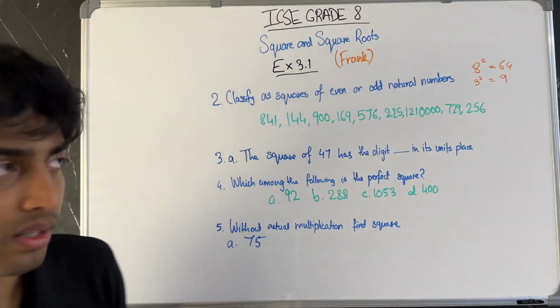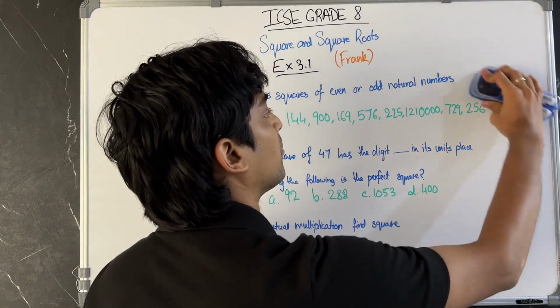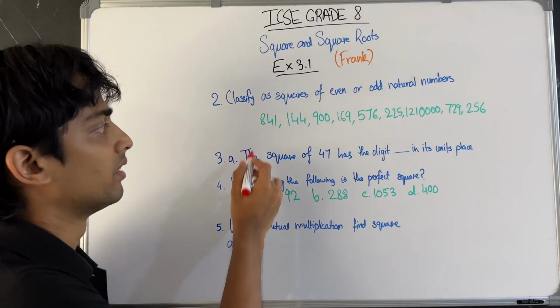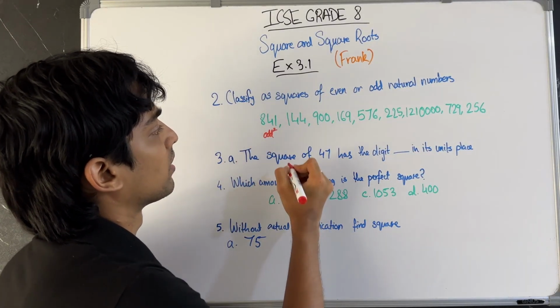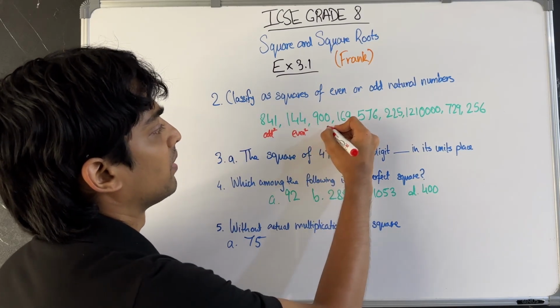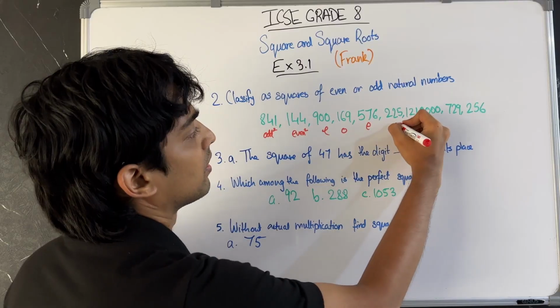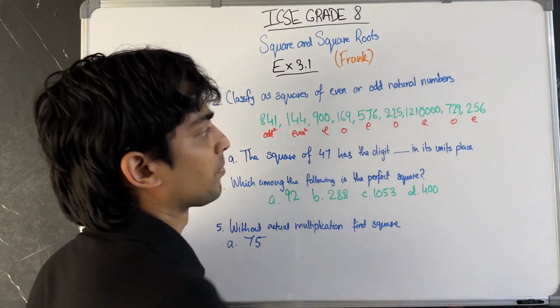So that's why the square of an even number will be even and of an odd number will be odd. So we can easily classify here. It's an odd number, so it's a square of odd. Odd square. Even square. Same way, odd. Even, odd. Even, odd. Even.